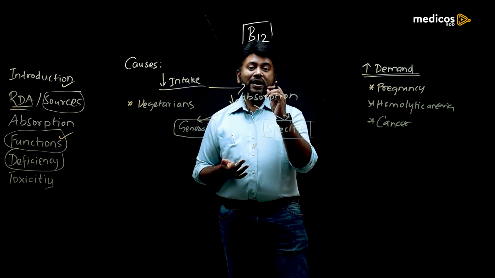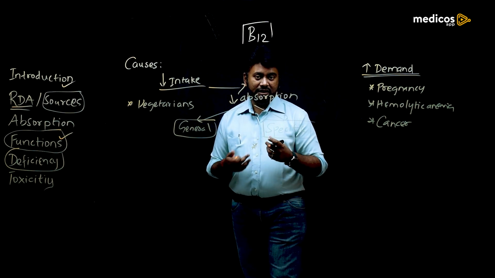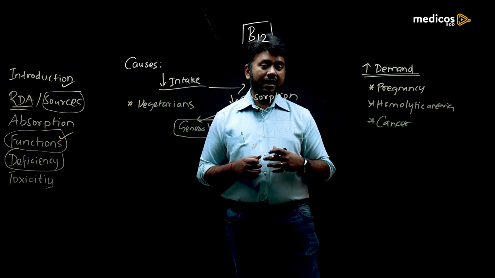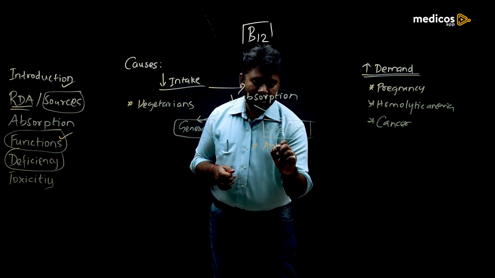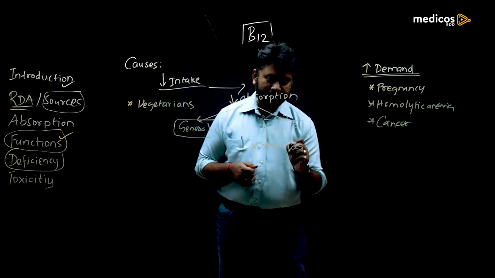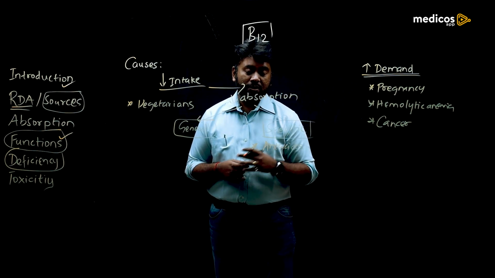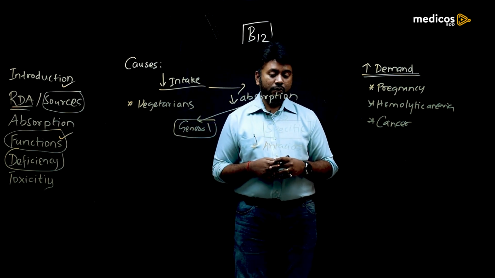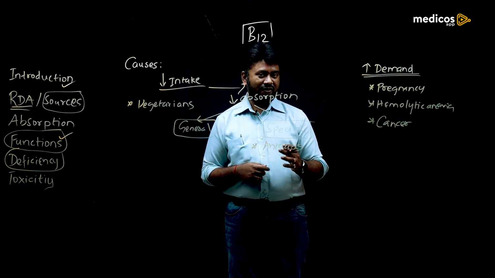So whenever there is gastric atrophy, which cannot produce proper HCl, or if you are taking proton pump inhibitors or antacids in excess quantities, or if there is a condition called achlorhydria, where the acid production by the gastric cells is defective, in all these conditions your vitamin B12 absorption will be affected.